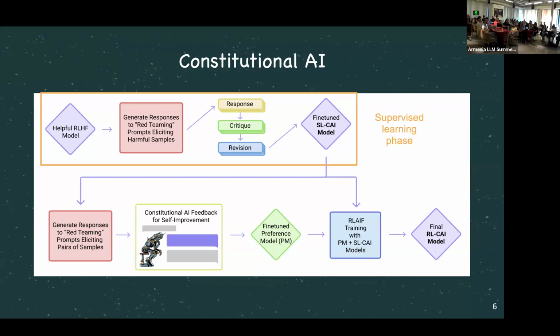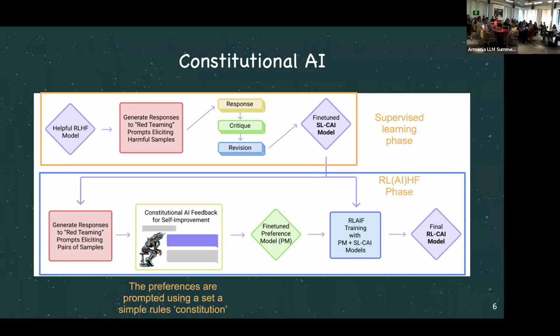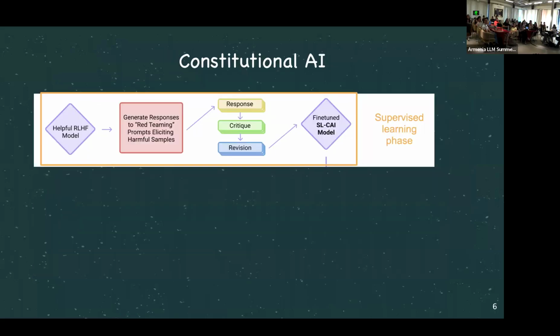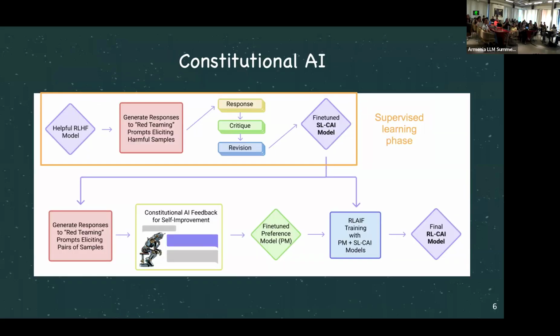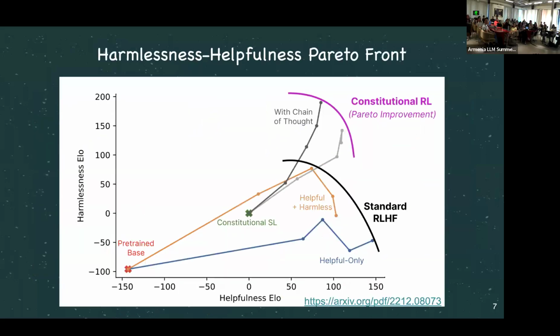And they use this for a second reinforcement learning phase in order to get a model that is harmless and helpful. So long story short, it's a bit more refined than the simple RLHF, but the goal is really to get a model that is harmless and helpful.